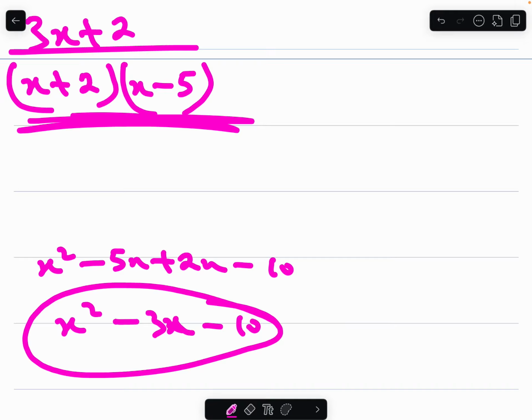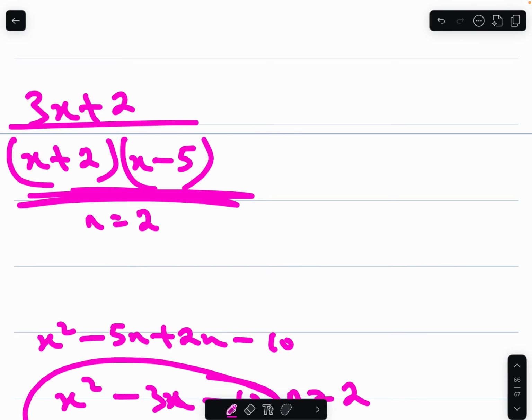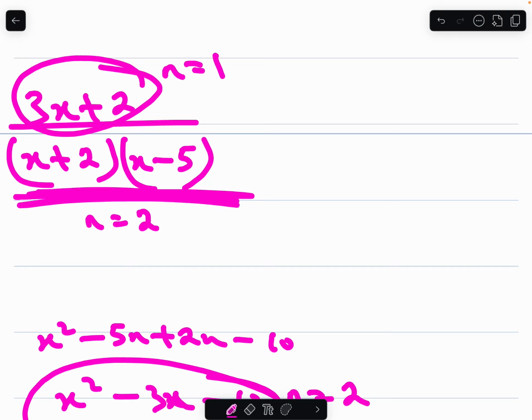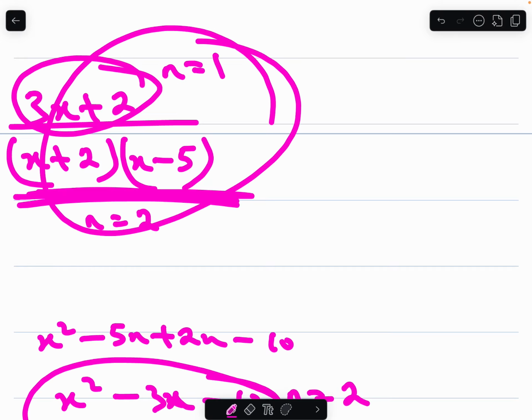The degree of the product is 2, so the degree of the denominator is 2, and the degree of the numerator is 1, which simply means the fraction is a proper fraction.